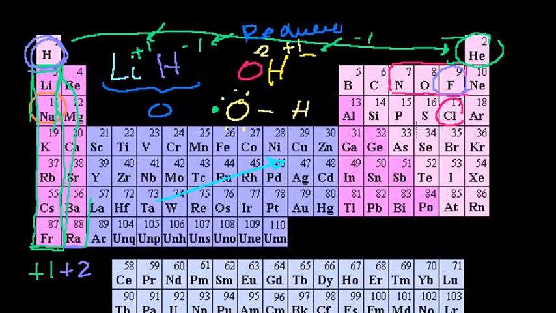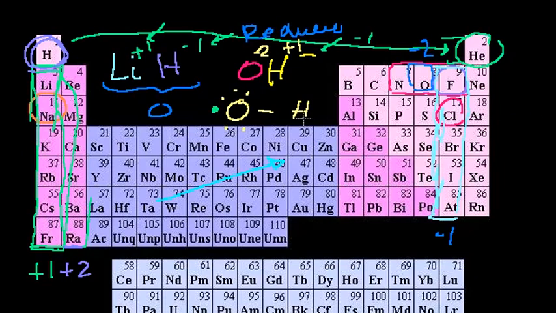Now, what about these guys over here, our halogens? Well, they all like to take electrons, so their typical oxidation state is -1. Oxygen's typical oxidation state, we just saw, is -2. And I'll show you an example which is really one of the few cases where oxygen doesn't have a -2 oxidation state.